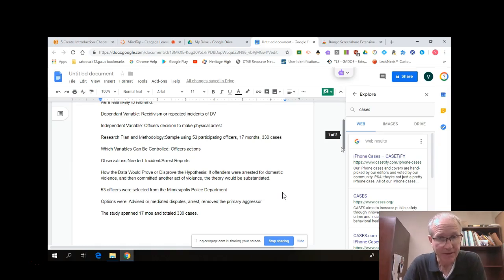And the independent variable is also a nominal variable, depending on which treatment the officer decided to go with: mandatory arrest, which is legislative, or if they just advised consent, or if they removed them from the home, ordered them away from the home. So those are the three conditions, and we're going to see how the arrests varied over those three treatment conditions.